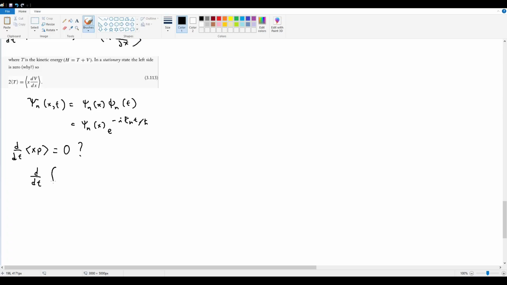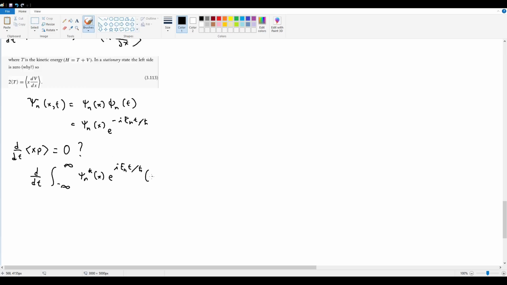d/dt of the integral from negative infinity to positive infinity of psi n star of x, e to the positive i E_n t over h bar, x hat p hat, and then, actually, let's write this as the actual operator itself.